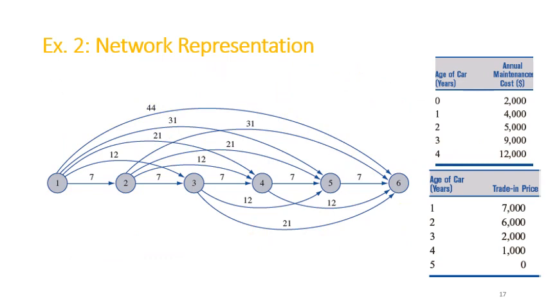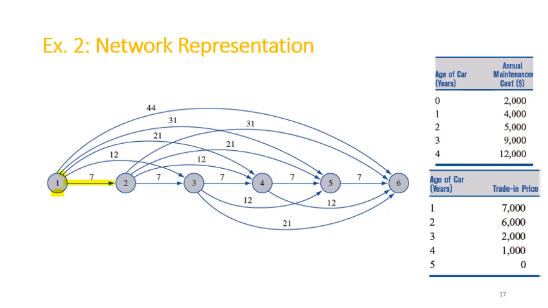Let's start with the simplest one. You are buying a new car at the beginning of year 1, and then you are planning to use it just for a year. So at the beginning of year 2, you will trade in your car and then get a new one. Okay, let's see how much that kind of plan costs.